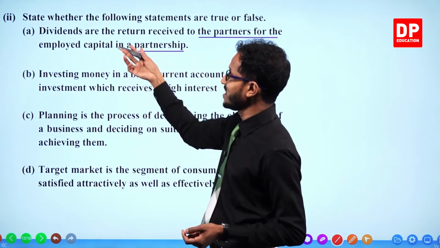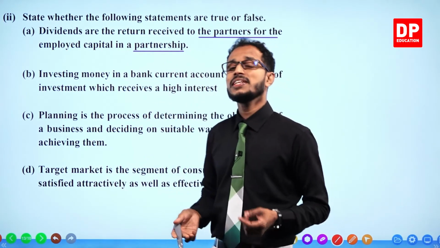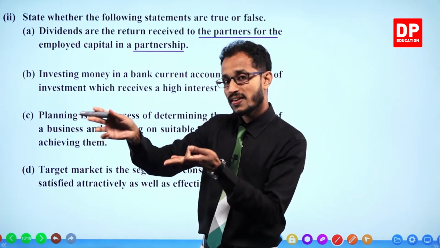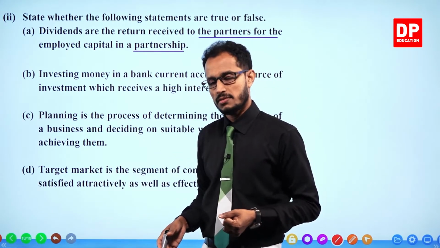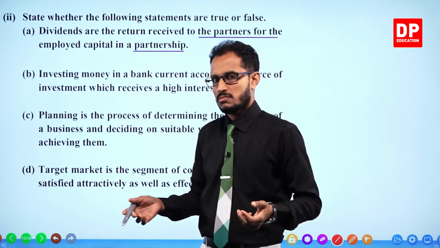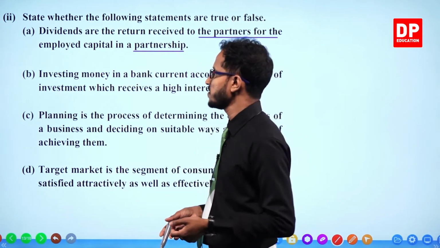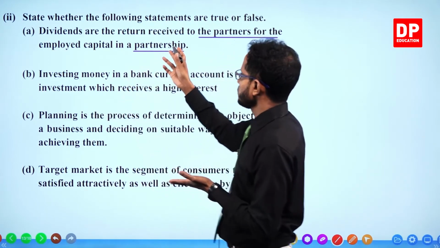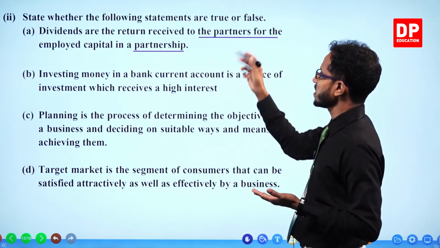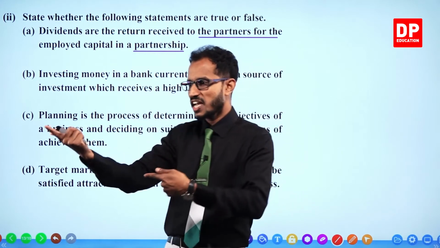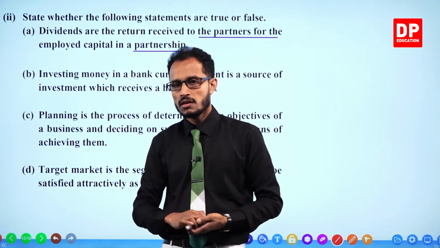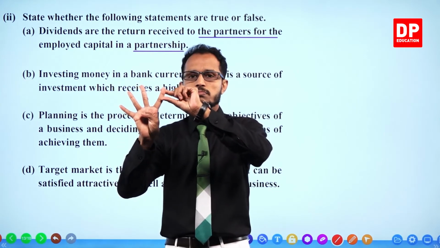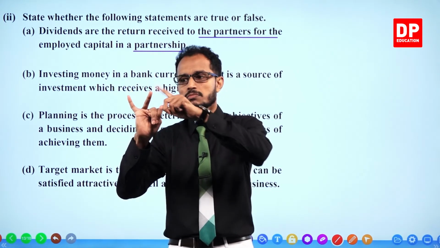You don't get dividends in a partnership. Dividends are paid to the shareholders of a limited company, an incorporated company. In a partnership, the owners, the partners, get profit shares. If there are 4 partners, the 4 partners get 4 portions of the profit.